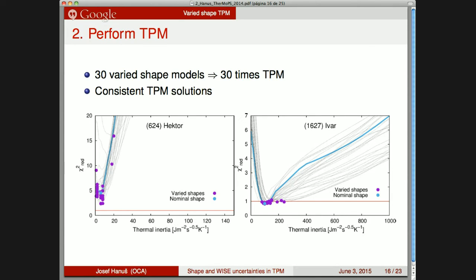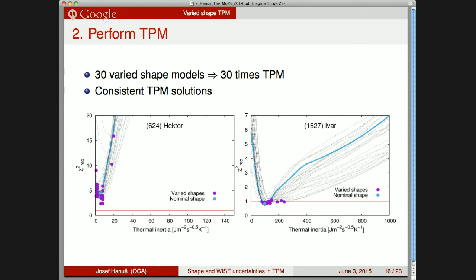Similar for IVER, but here you can already see that the thermal inertia values of 200 should still be acceptable, but they are not suggested by the original shape model.